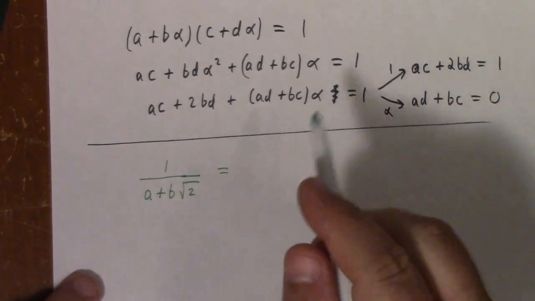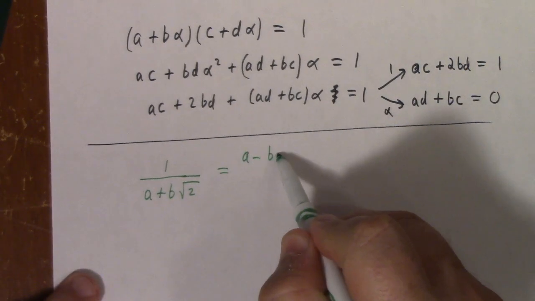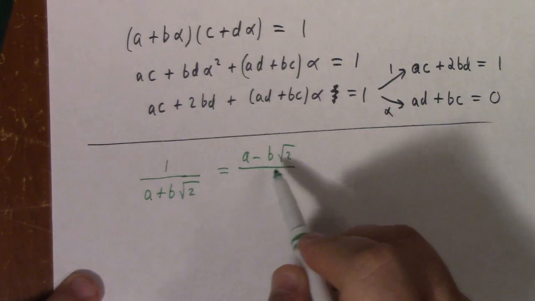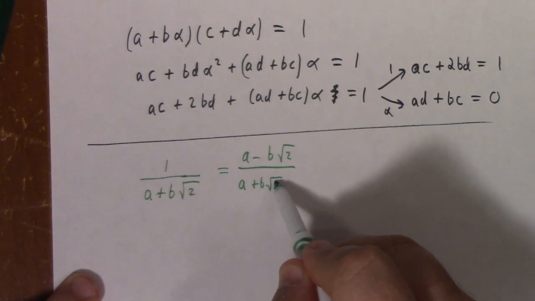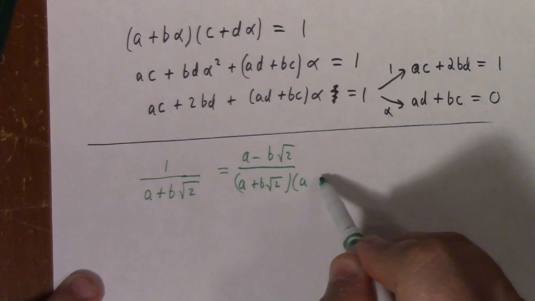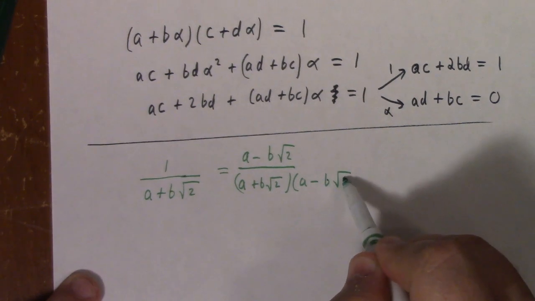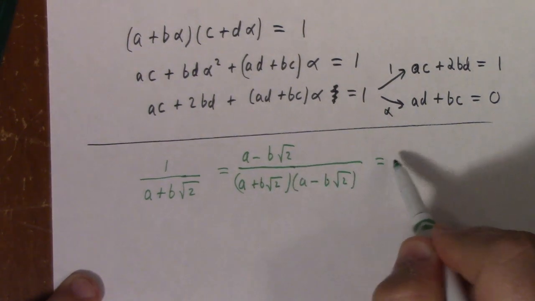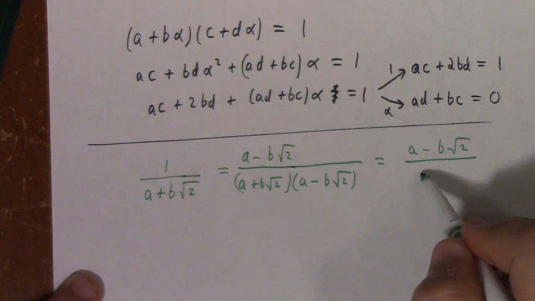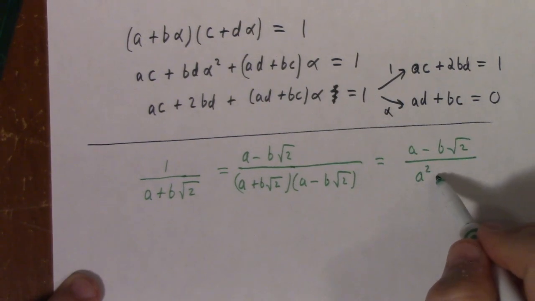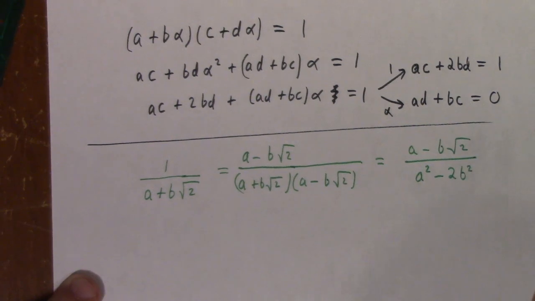So if we multiply by the conjugate, then everything should be hunky-dory, if you believe in that sort of thing. So we've got a minus b root 2 divided by a squared minus 2b squared.